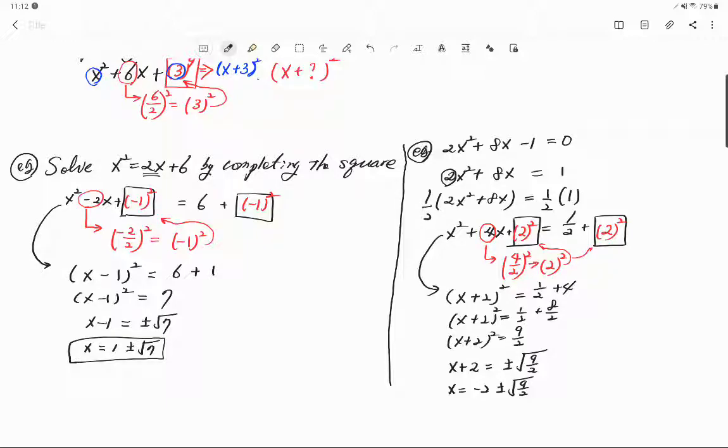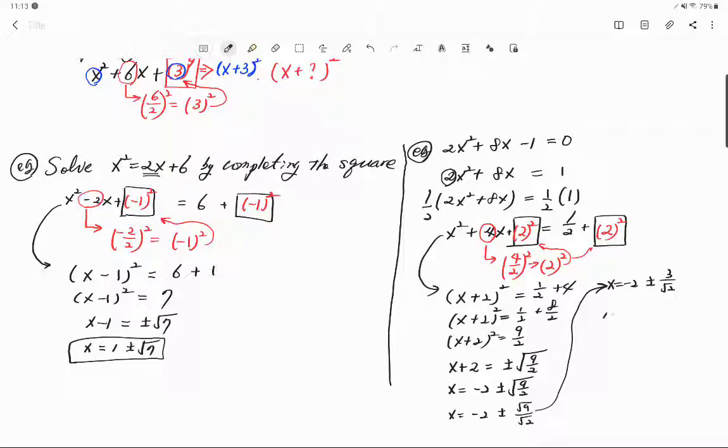Now let's simplify the radical. You can separate the numerator, square root of 9, over the denominator, square root of 2. Then x equals -2 plus or minus 3 over square root of 2.